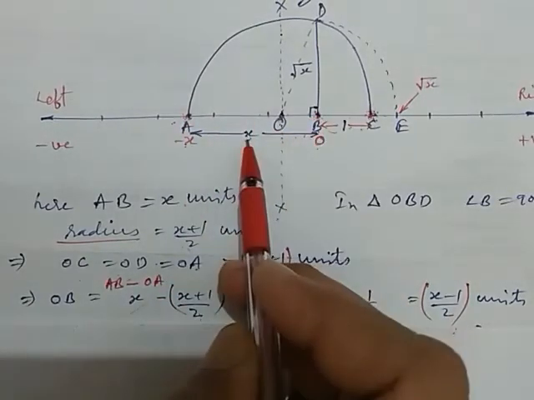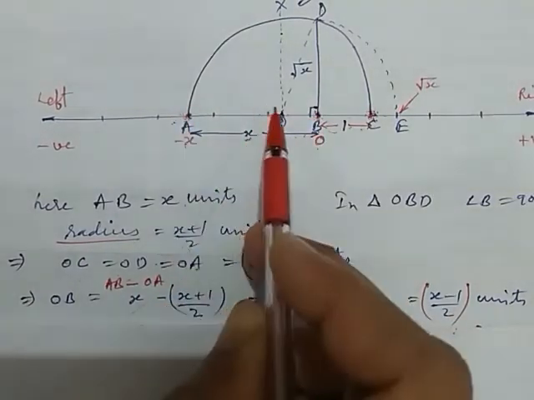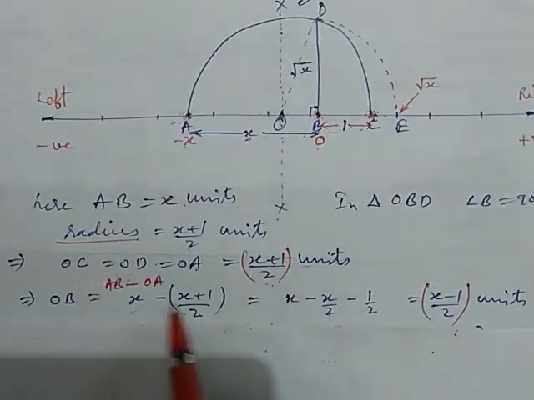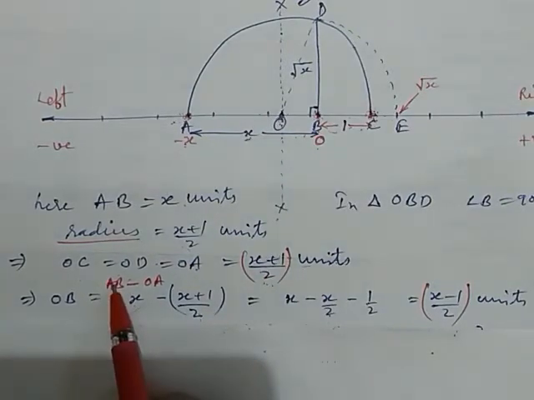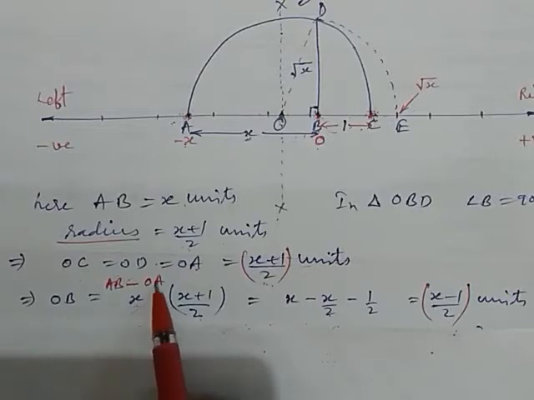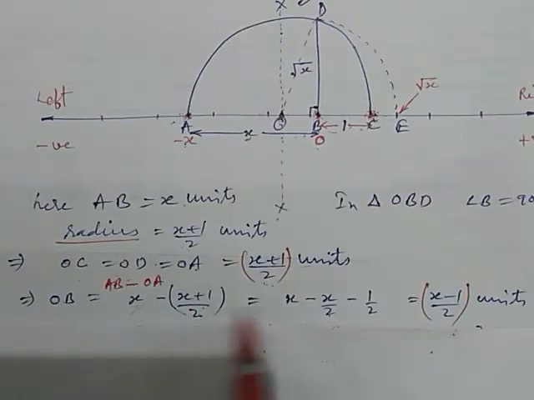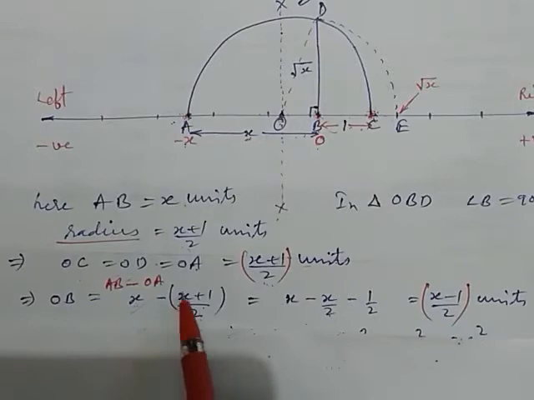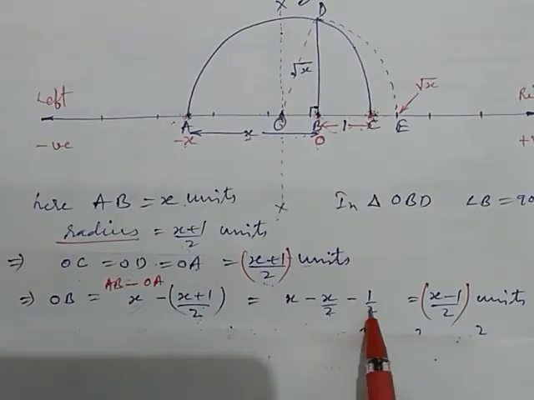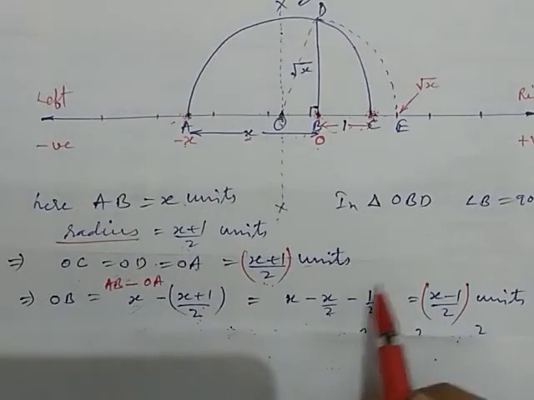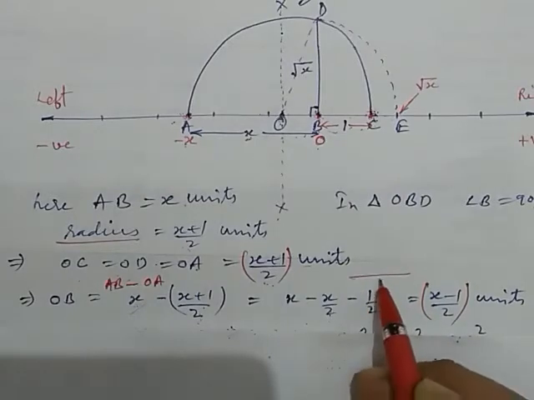This AB is x and OA is x plus 1 by 2. We subtract this and get OB. Now when we open this, it becomes x minus x by 2 minus 1 by 2. Take the LCM of this whole.